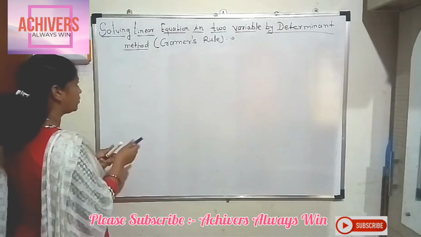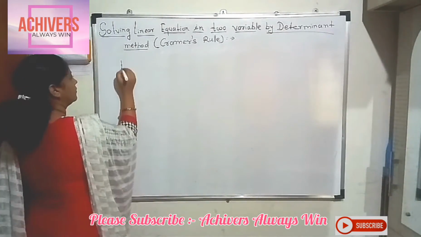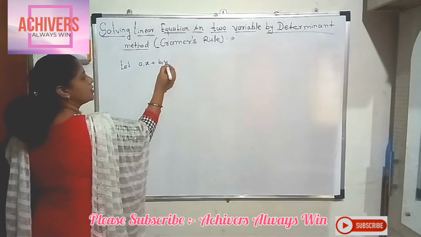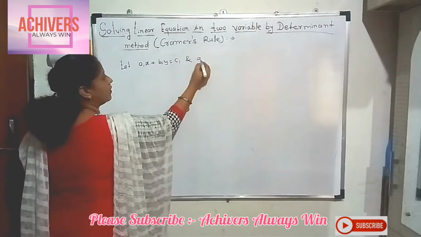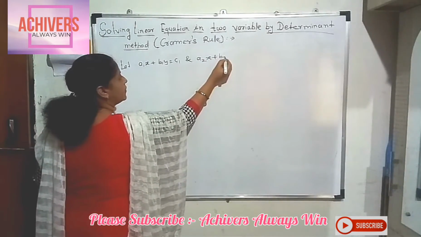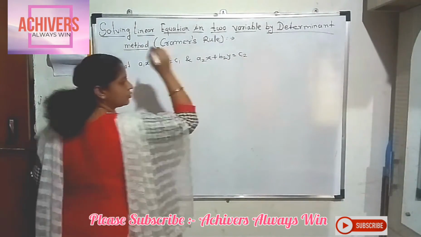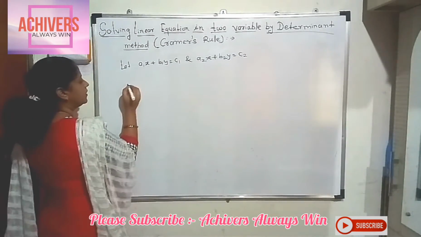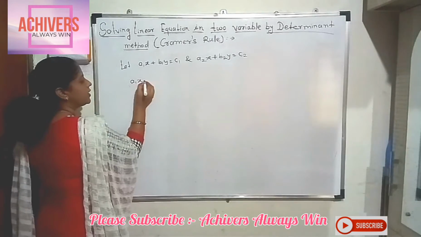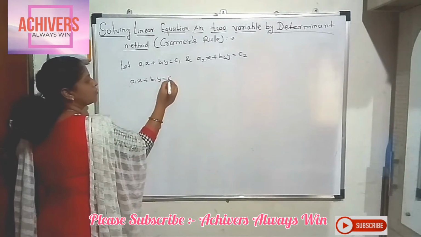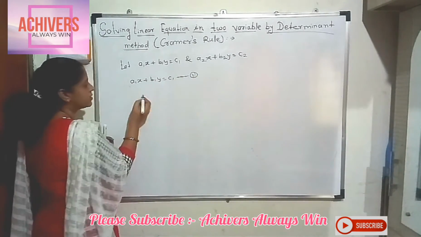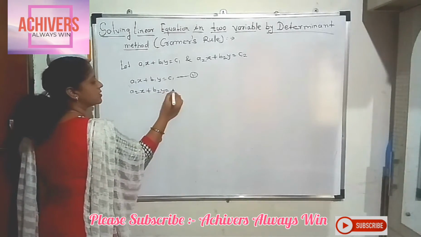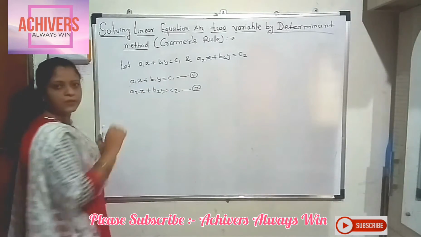Suppose a1x plus b1y is equal to c1 and a2x plus b2y is equal to c2 are the two simultaneous equations. Write a1x plus b1y equals c1 as equation number 1, and a2x plus b2y equals c2 as equation number 2.